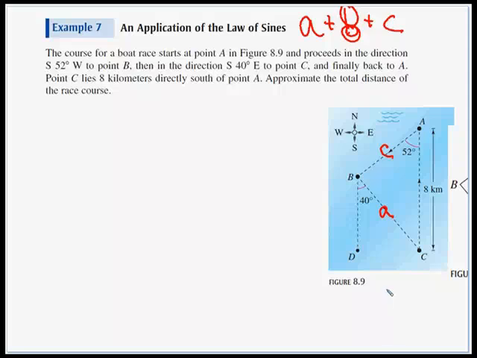But they kind of gave us some odd information. We don't have exactly everything we need. We have angle A, and we're looking for side a. And let's see, what else did they give us? Nothing in the triangle. But if we look at the diagram, out here we have a 40-degree angle. How the heck is that going to help us?